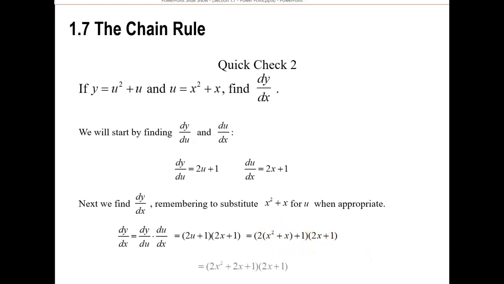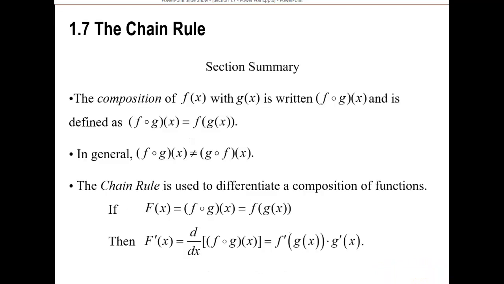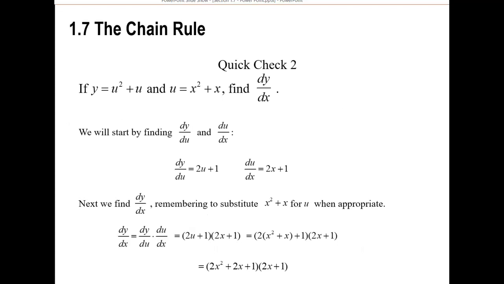We just plugged in the u. Distributing the 2 through here gives me 2x squared plus 2x plus 1, times 2x plus 1. And it looks like they stopped there. They didn't FOIL that out. In my math lab, I'm not sure if they require you to simplify all the way through, or you can just get to a point where you're comfortable, you've done the derivative part, you cleaned up the obvious things, and then you may be able to just stop there.